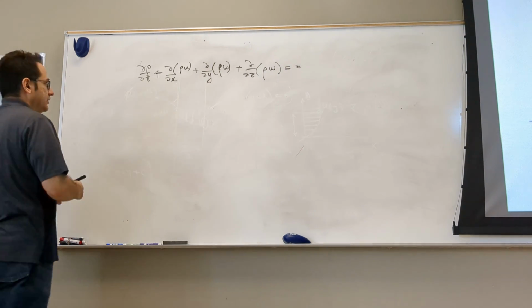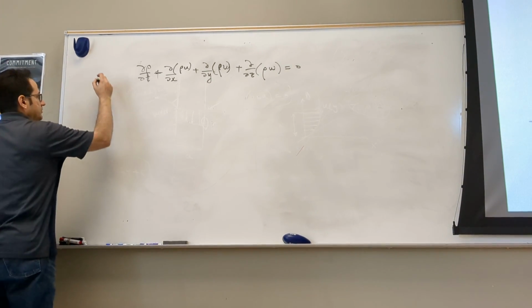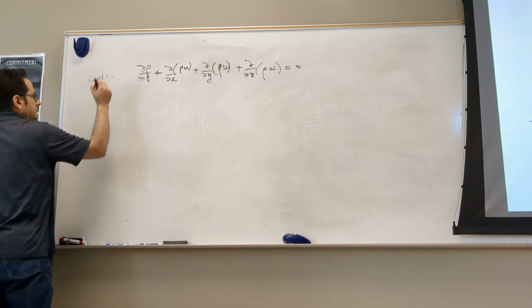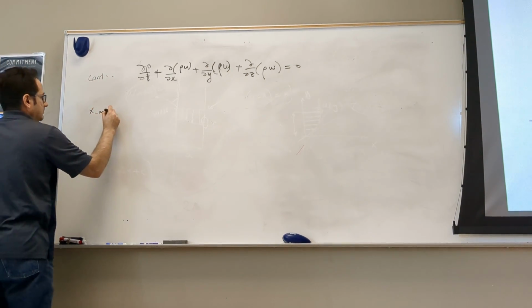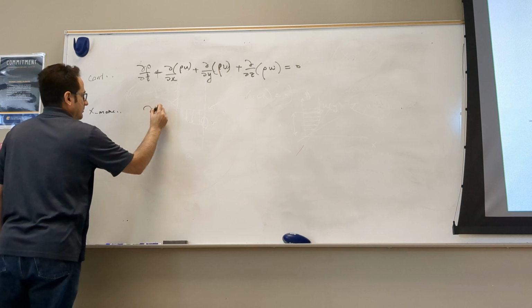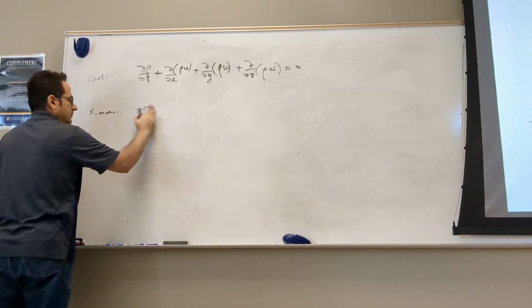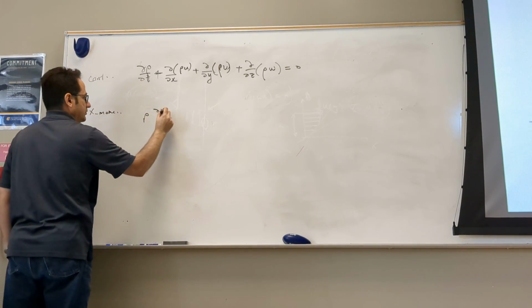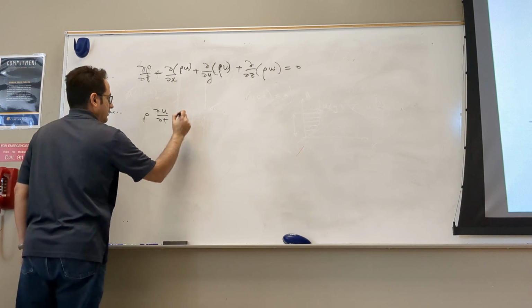So this continuity equation, x momentum, this one rho u t plus rho b.